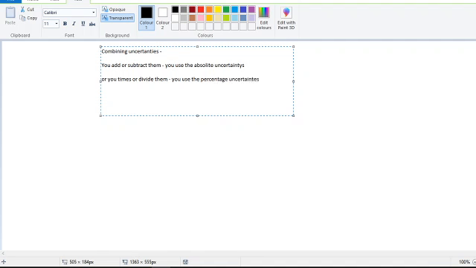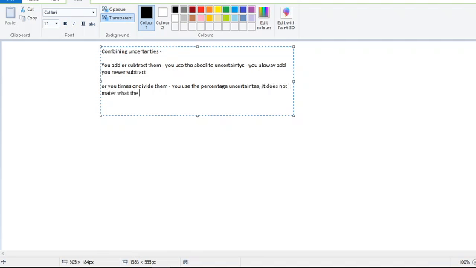And as far as adding or subtracting goes, we should probably do this here. You always add, you never subtract. And when you times or divide, it does not matter what the operations say.